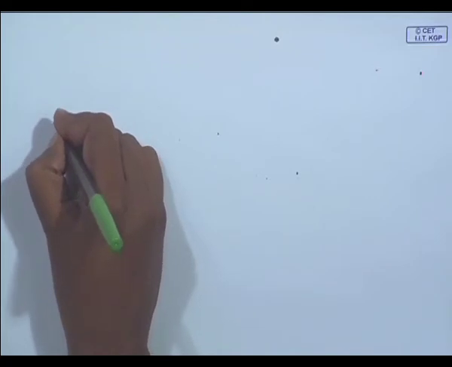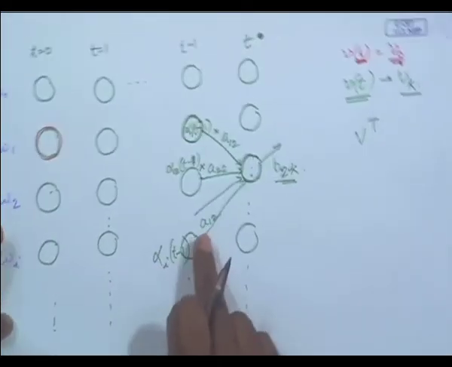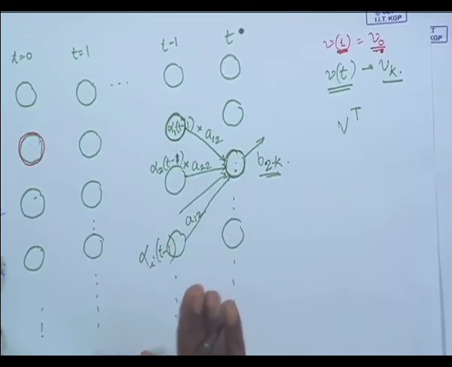So, for that I define the term alpha j(t), which, as we have just explained, simply says the probability that the machine will be in state omega j in time step t after emitting the first t number of visible symbols in the sequence of visible symbols V of capital T. Okay.